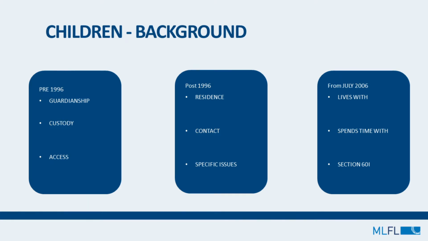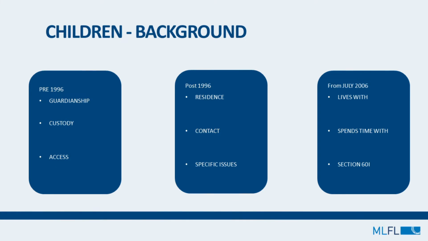So when we look at family law matters, there are a number of terms that arise frequently. Pre-1996, the terms, as you can see, were guardianship, custody and access. These are the terms that people still use today often, but it's really not the correct way to refer to parenting arrangements.